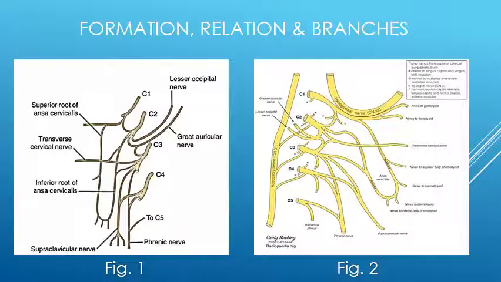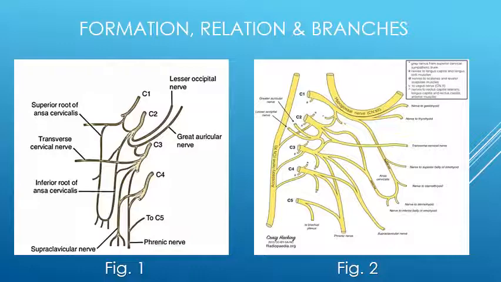These are the important relations. So the C1, C2, and C3 fibers within the ansa cervicalis supply the omohyoid, sternohyoid, and sternothyroid.